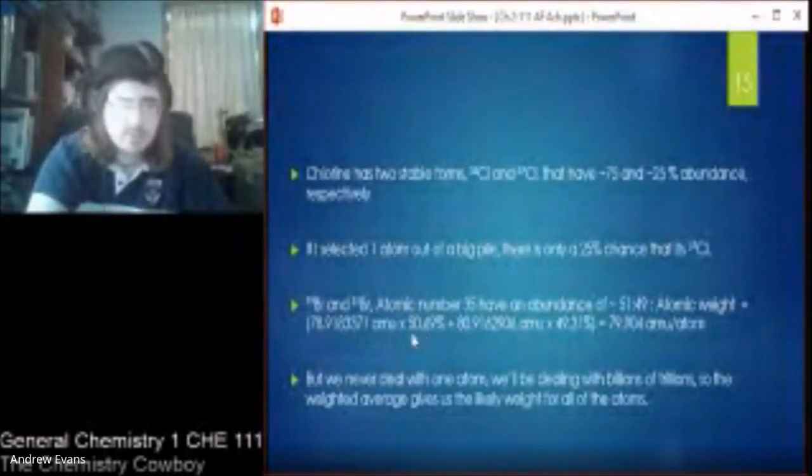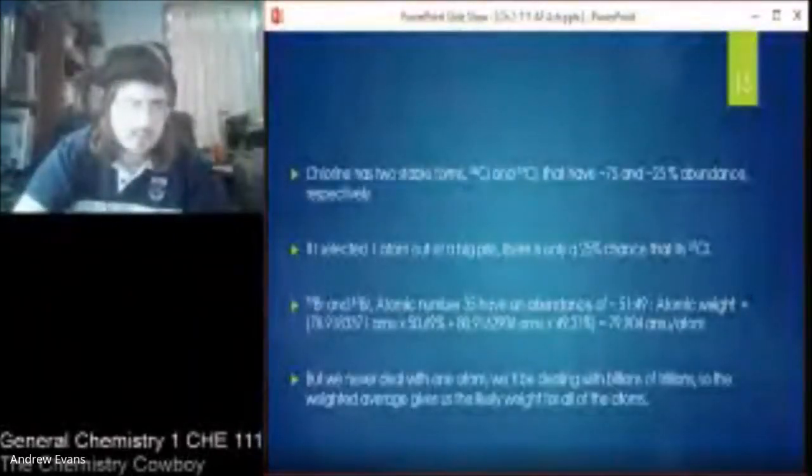So how do you turn a percent into a decimal? You divide by 100. That gives you that part. And then you take 80.916296, which is the mass of bromine 81, and multiply by its percent abundance. And you add them together. When you add them together, you get the atomic weight.